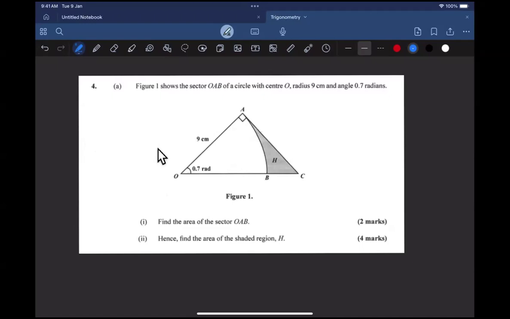Kira, what was the answer you got for part one? Just now, what happened in my calculator when I tried to find an answer? Right. The calculator has to be in what mode? Radian.